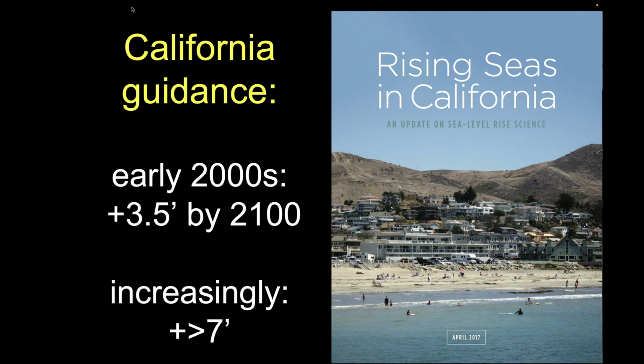And so the guidance here is from one of those consensus models from about 12 years ago, whenever it was, that the average height of the ocean will be 3.5 feet higher than basically the year 2000.